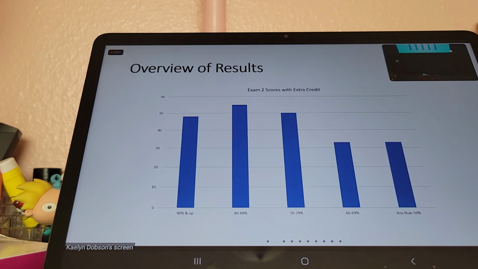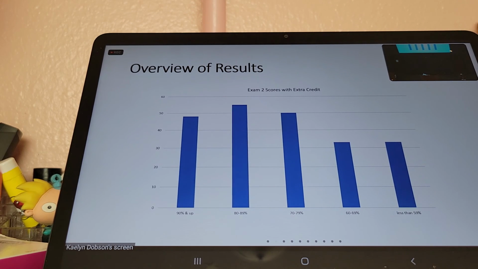This is raw numbers of students who got certain grades. The far left column is 90% and up, so that's your A's. B, 80 to 89%. And the next column, C, 70 to 79, then 60 to 69, and less than 59.